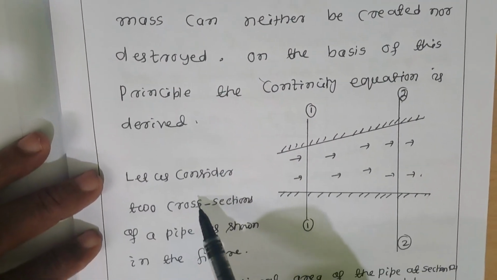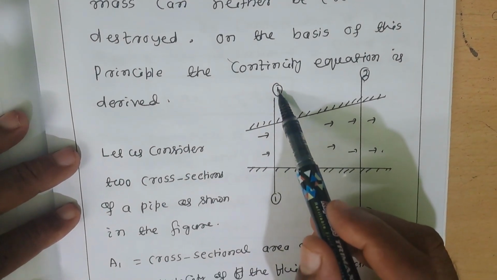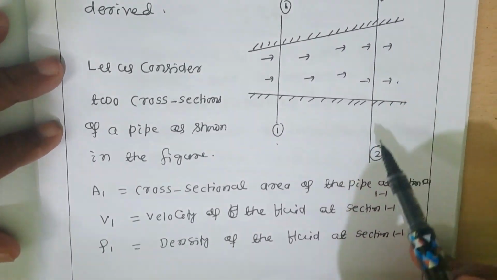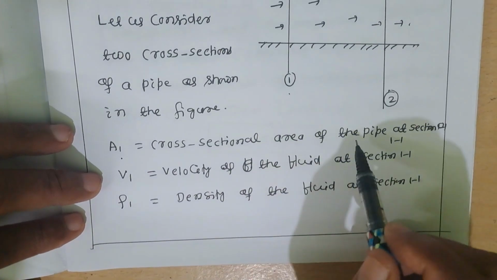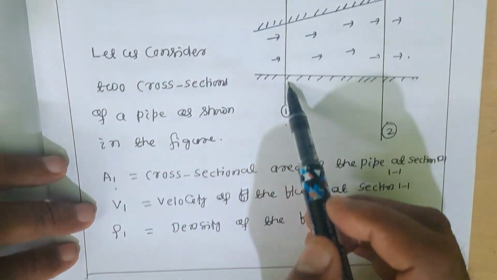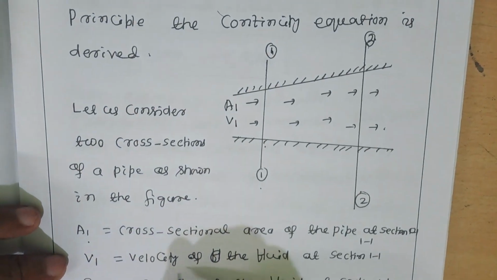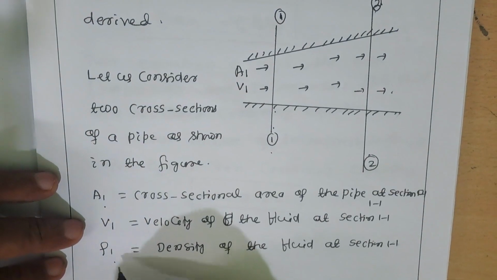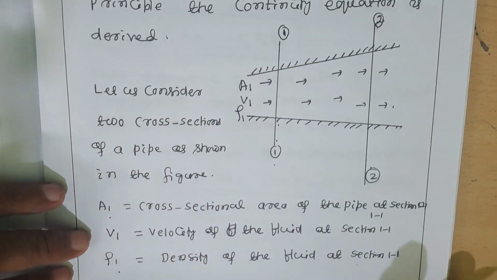Let us consider two cross sections of a pipe. This is one of the cross sections 1-1 and this is another cross section 2-2. Here A1 is cross sectional area of the pipe at section 1, V1 is velocity of fluid at section 1, rho 1 is equal to density of fluid at section 1.